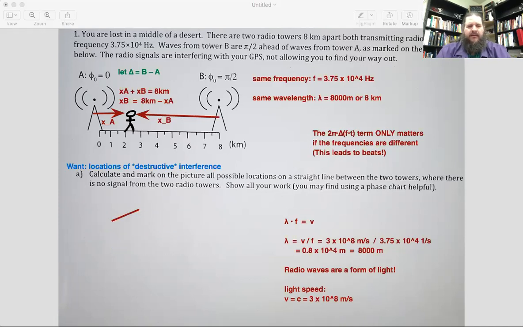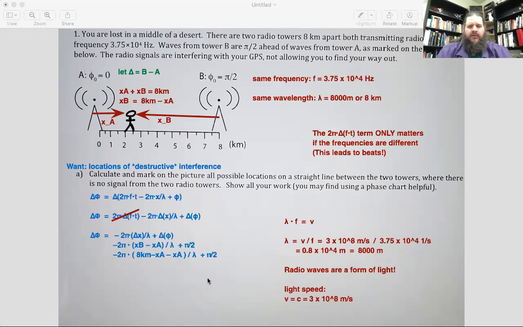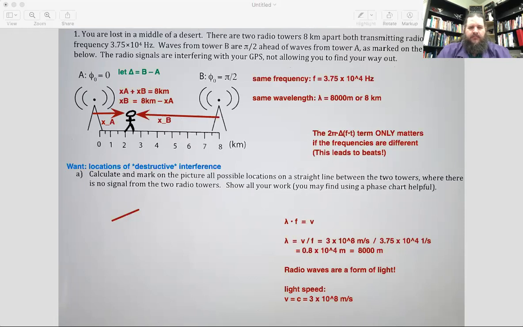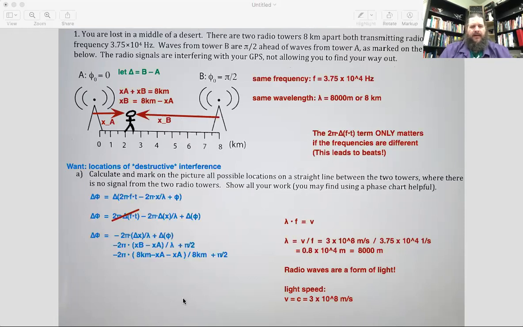So let's do that. Negative 2 pi times XB is the same as 8 kilometers minus XA. And then we also have a minus XA, then divided by lambda, and plus 2 pi. Also, since we know lambda is 8 kilometers, we may as well fill that in. And now we've got an expression for delta total phase.